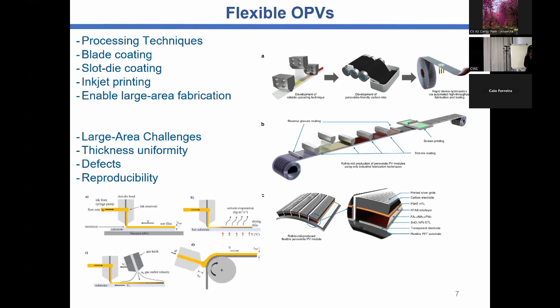So in terms of large area challenges that we could focus on discussing, because of the transfer from lab scale to large area scale, there is the thickness uniformity. Sometimes uniformity is not so good because of the deposition system. The meniscus-guided systems are quite challenging this way.